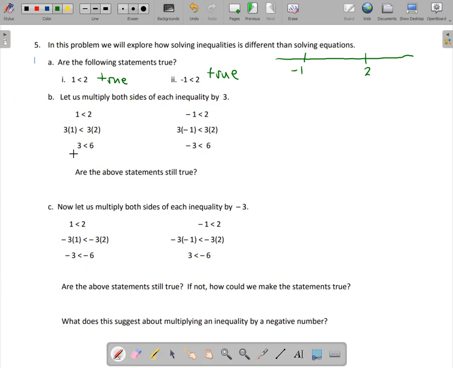So 1 times 3 is 3. 2 times 3 is 6. Is 3 less than 6? Yeah, it's true. Same thing over here. Multiply by 3, I get a -3. Multiply by 3, I get a +6. -3 is less than +6. Right? That's still true. So yes, they are still true.